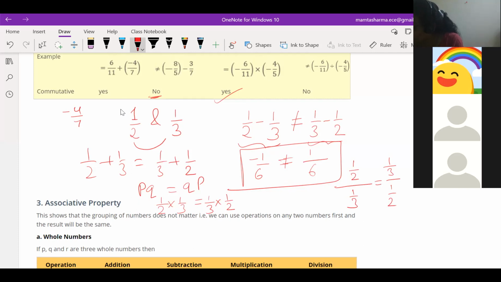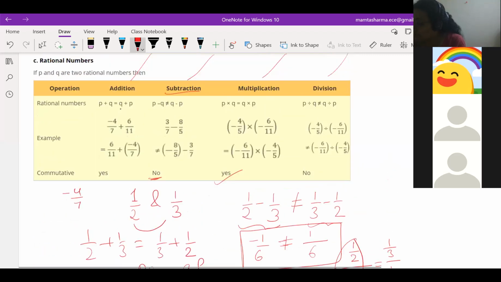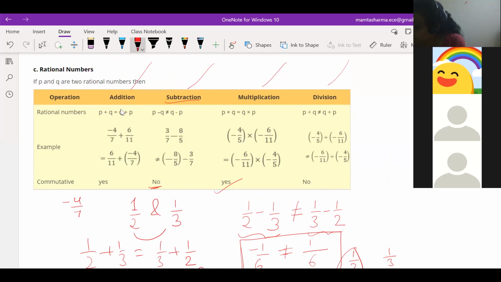Here I will get 3 by 2, and here I will get 2 by 3. They are not equal. So this property is not satisfied for division. It is satisfied for addition and multiplication.